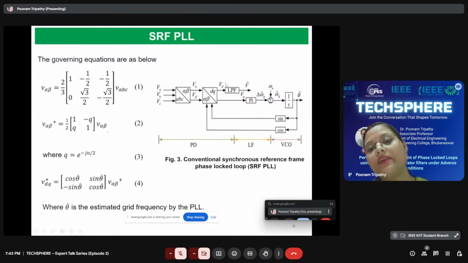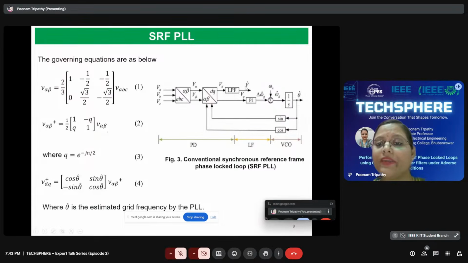So here VD represents the direct component of the voltage, which is used to determine the voltage magnitude determined by V cap, and VQ represents the quadrature component of the voltage, which is used to determine the phase angle of the grid.